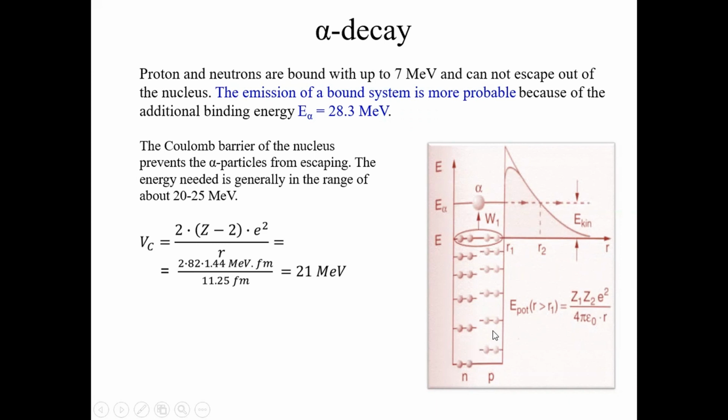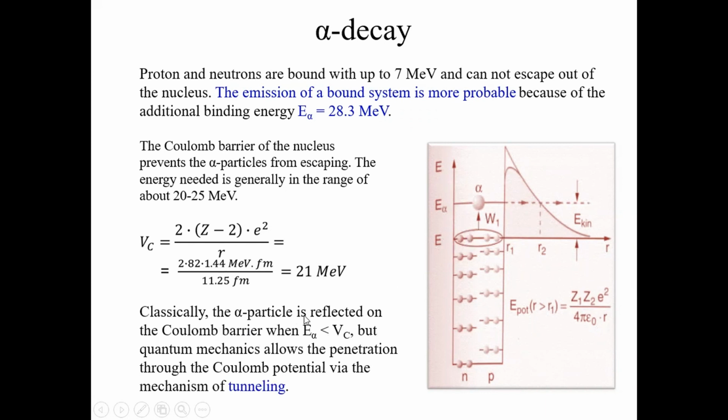Now, any such system in which the two protons and the two neutrons get together and try to escape, they get this much binding energy, and they want to get out of this state. Now, this much energy is available with them, but they will face the Coulomb barrier. The Coulomb barrier, you can see, has a height of about 21 million electron volts.